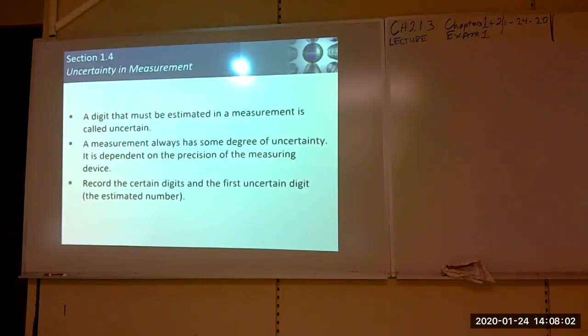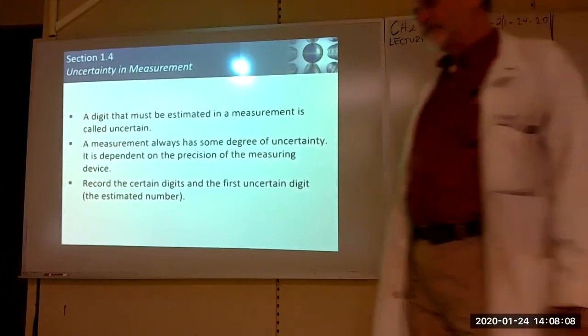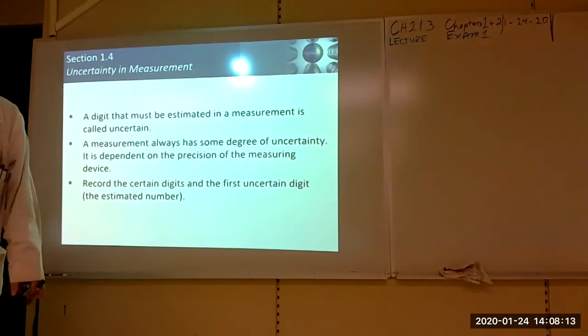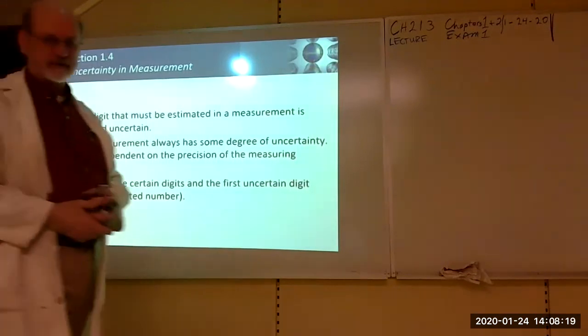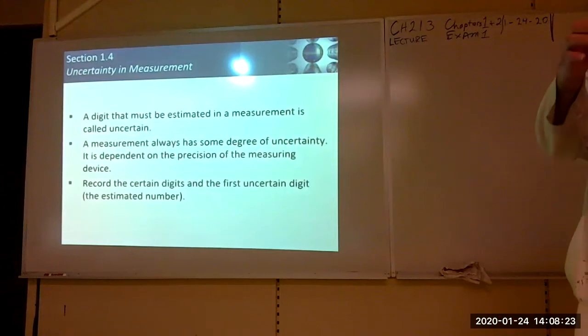Okay, uncertainty. This is one thing that trips many people up, even seasoned scientists. They know about it, but sometimes they ignore it. What's the uncertainty in your measurement? Anytime you make a measurement, there's going to be an amount of uncertainty.